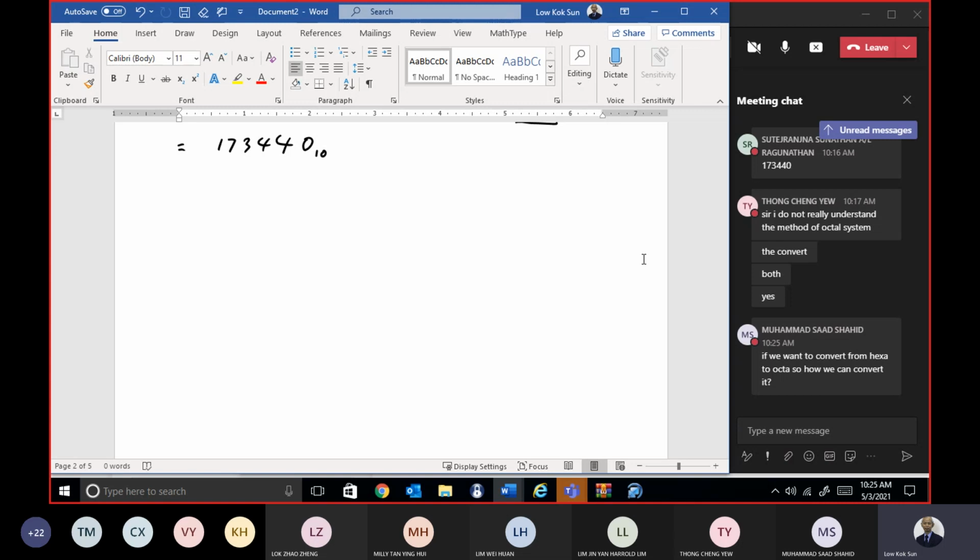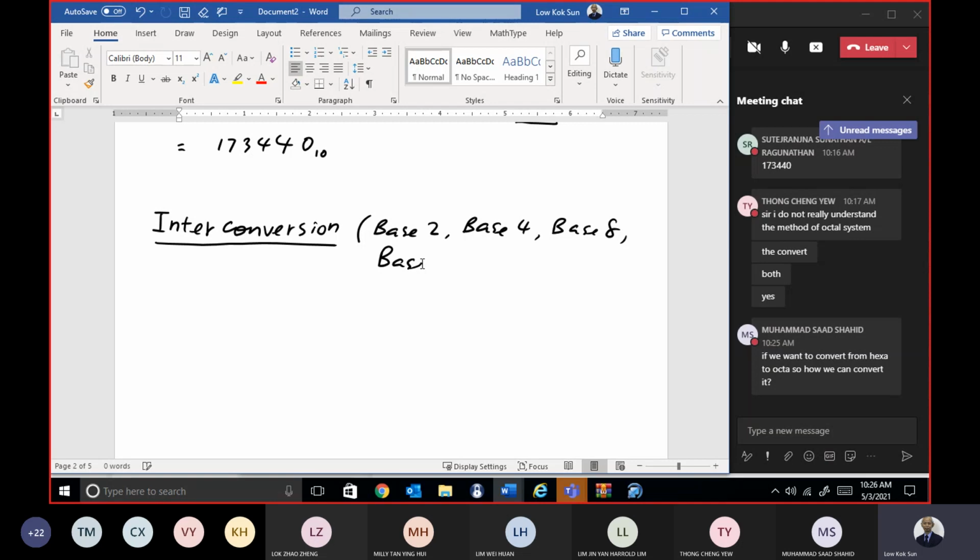Let me give you an example. Interconversion of base 2, base 4, base 8, and base 16, especially among them.